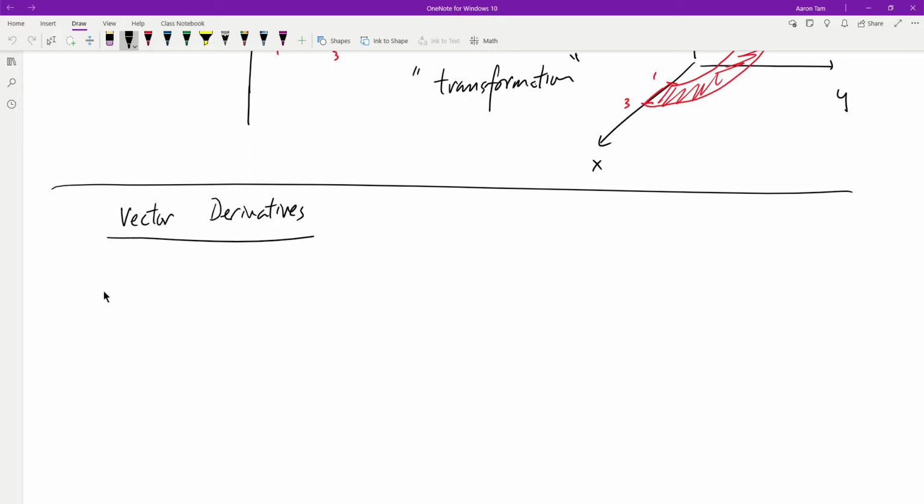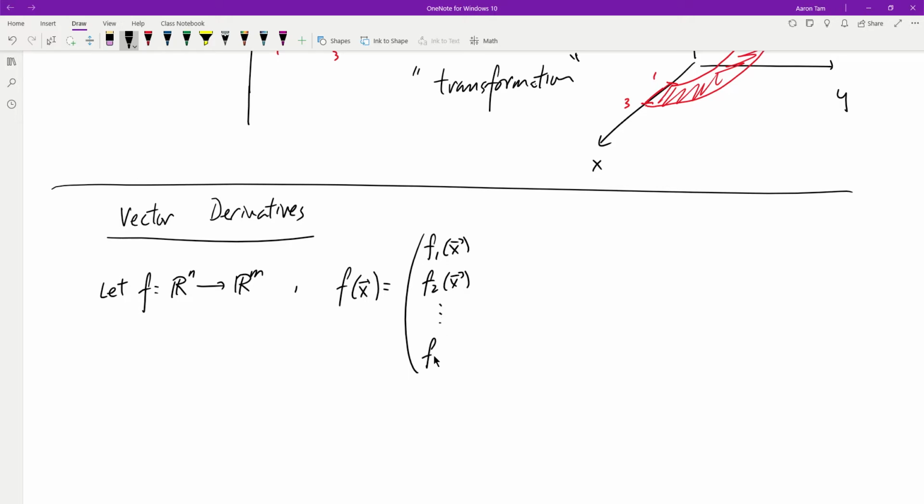So let's say we let f be a function that maps from Rn to Rm. Let's say the function f looks something like this: F of vector x is equal to f1 of vector x, f2 of vector x, dot dot dot to fm of vector x.